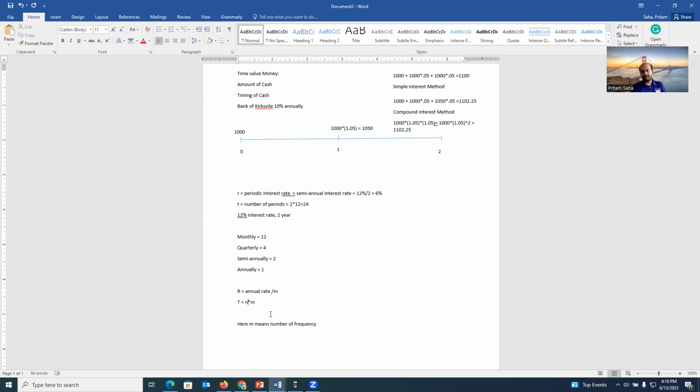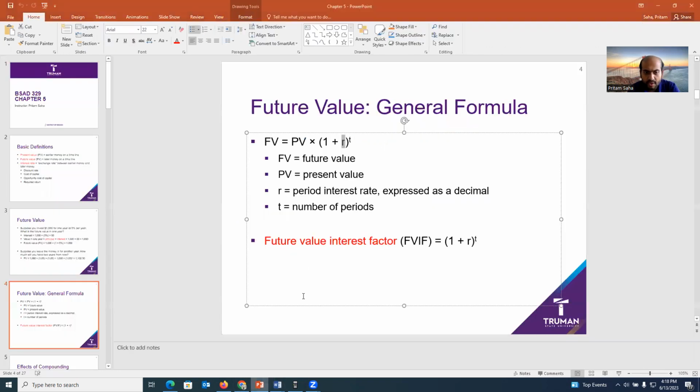T means number of periods: from the number of years, depending on the periodic frequency, convert it to number of periods. That's it. So we are good so far. This is how to convert present value to future value. This factor is also known as future value interest factor, okay?